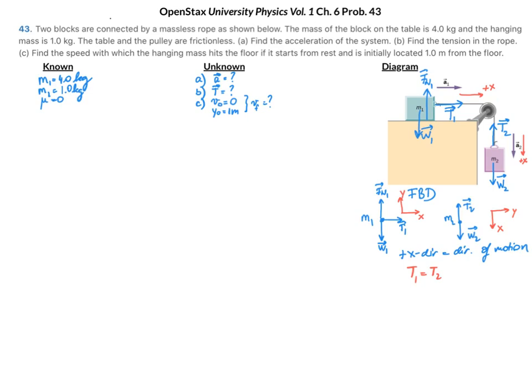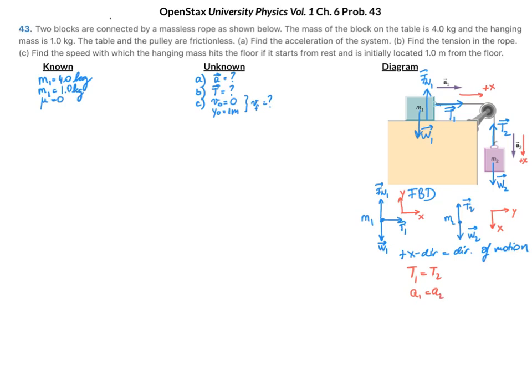Then we also know that the two masses are going to travel together. So M1 is going to go to the right, M2 is going to go down. And since the rope won't stretch, then the acceleration A1 and A2 are also going to be the same. So I'm going to have A1 equals A2.